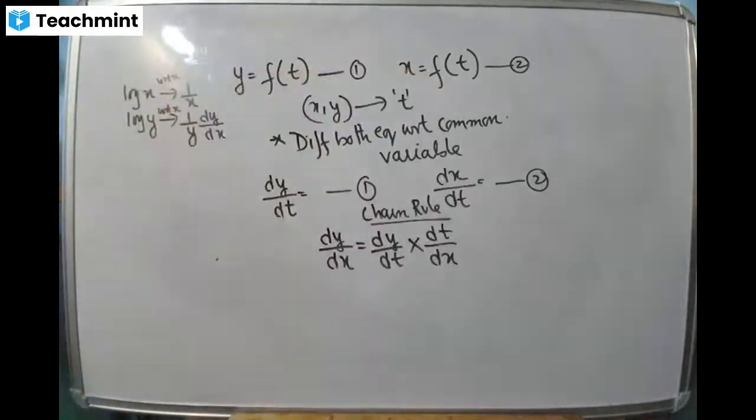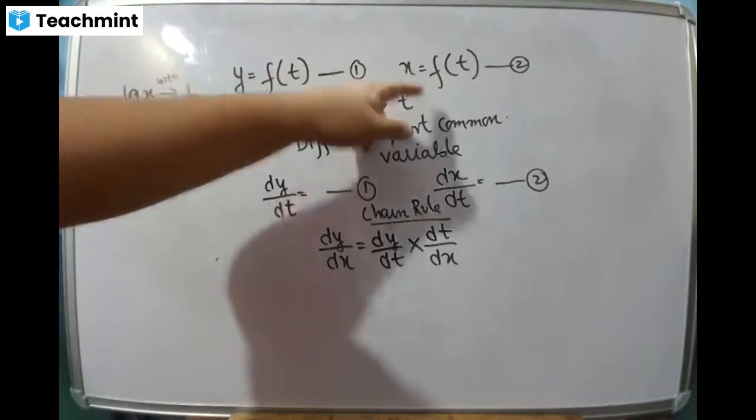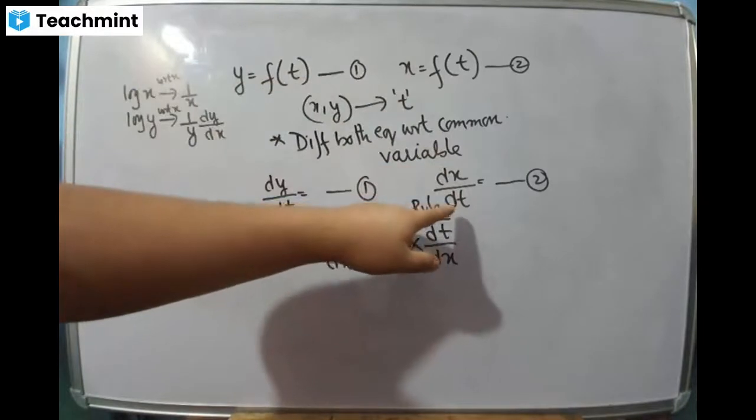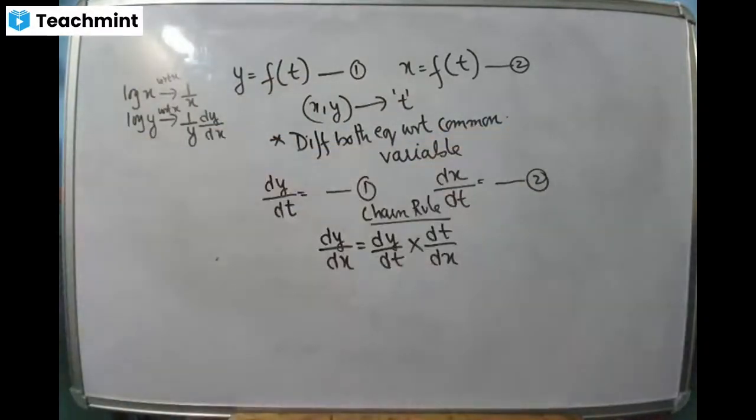In this case, x equal to f(t). So we are differentiating x with respect to t. The derivative of x, everyone knows it is 1, but since you are differentiating with respect to t, this becomes dx by dt. Got it? dx by dt. And on the right hand side, we don't write down the differential coefficient because you are differentiating t with respect to t, so it cancels out.